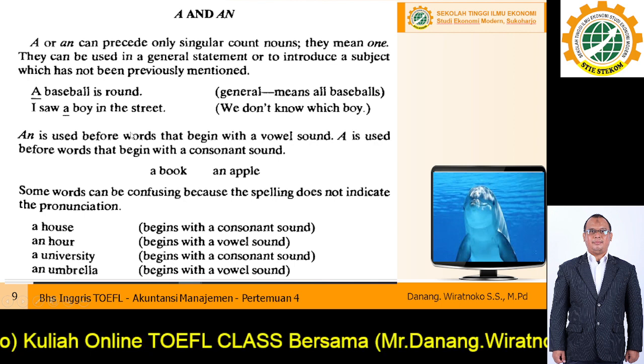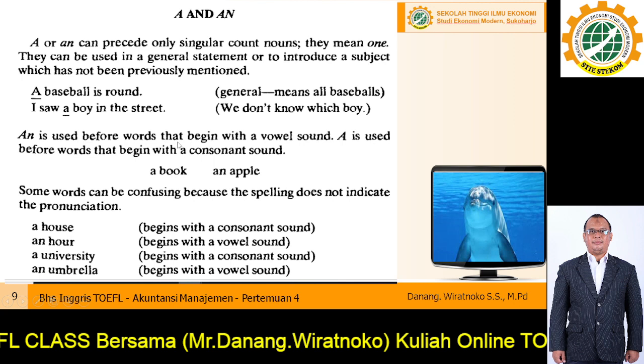An is used before a word that begins with a vowel sound. A is used with a word that begins with a consonant. Okay, sorry. Ini ada satu lagi. Jadi harus hati-hati ya teman-teman. Kalau kita menggunakan kata a dan an, ya. Kalau a itu selalu diawali dengan huruf mati. Ya. Baseball, boy. Sedangkan an itu selalu diawali dengan huruf hidup.